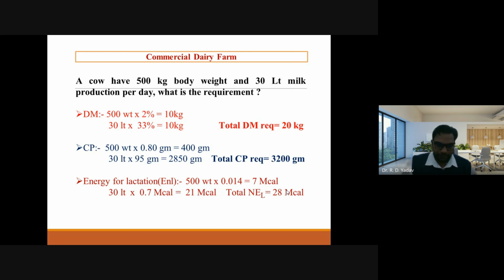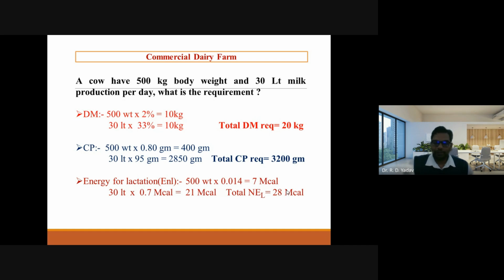Then the energy requirement in terms of NEL: there is a formula where we multiply the body weight by a factor of 0.014. It will come around 7 megacalorie. For milk production, for each kg of milk we have to put the factor 0.7 megacalorie, so it will come around 21 megacalorie.